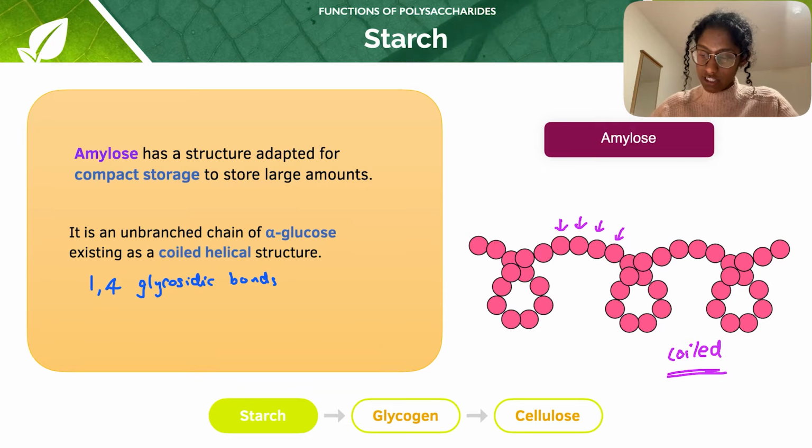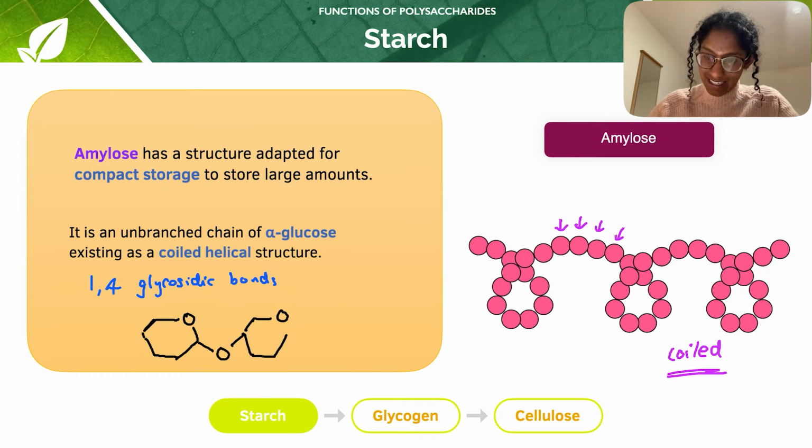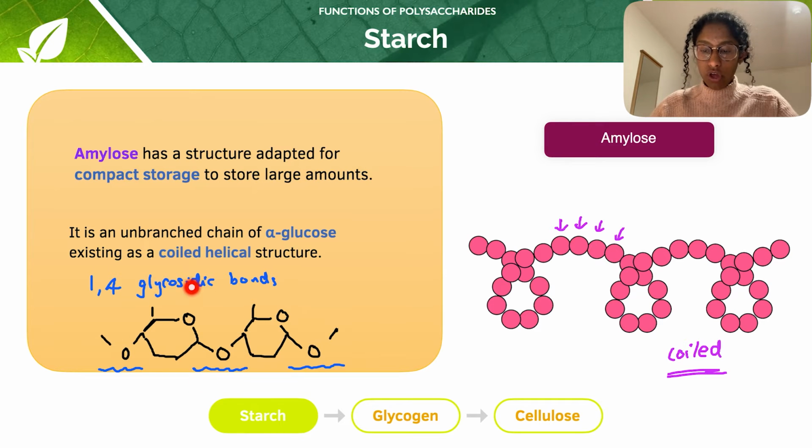So let's just draw this out just to make it a little bit clearer for you. So let's say this is our first glucose. To draw these hexagonal shapes. So there we go. Now, let's have a think about which parts of this are our glycosidic bonds. We know that our glycosidic bonds are these bits here, in between each individual glucose monosaccharide.